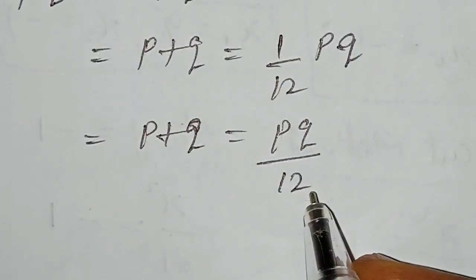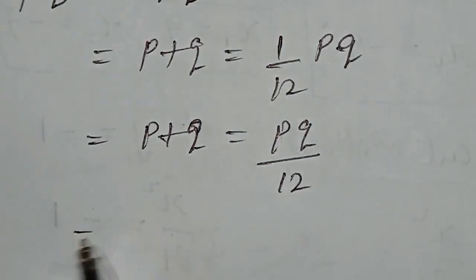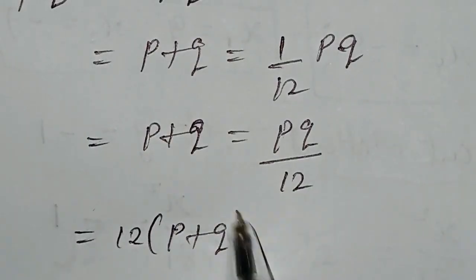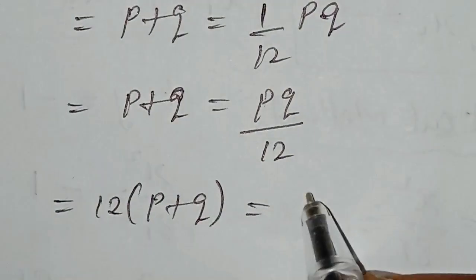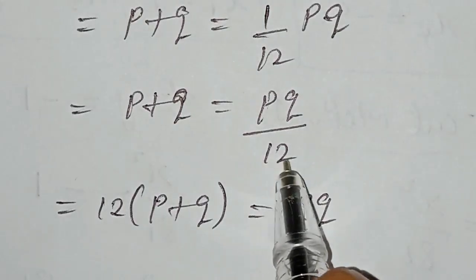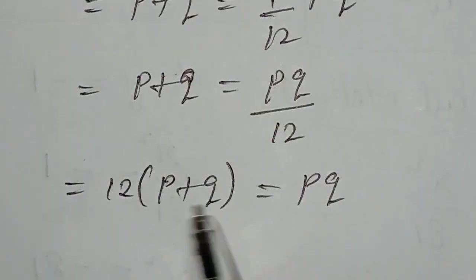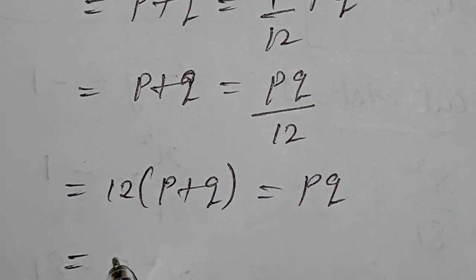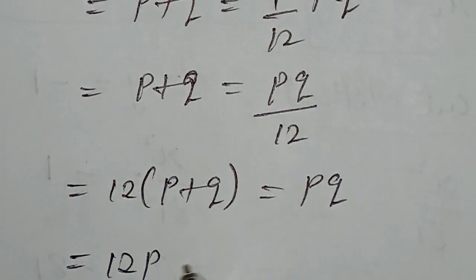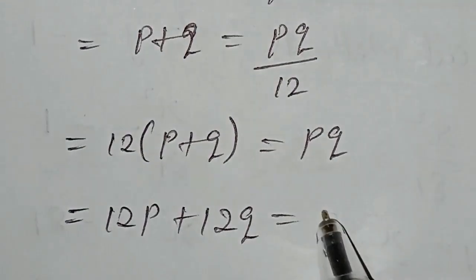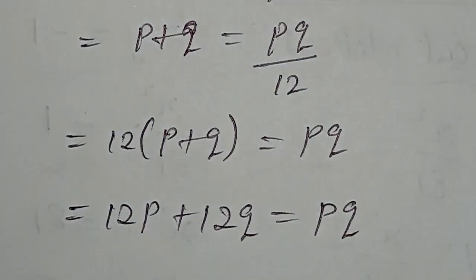We can multiply both sides by 12. That will give us 12 into bracket P plus Q equal to PQ, as the 12 is eliminated. So we multiply 12 by the bracket, and we have 12P plus 12Q equal to PQ.